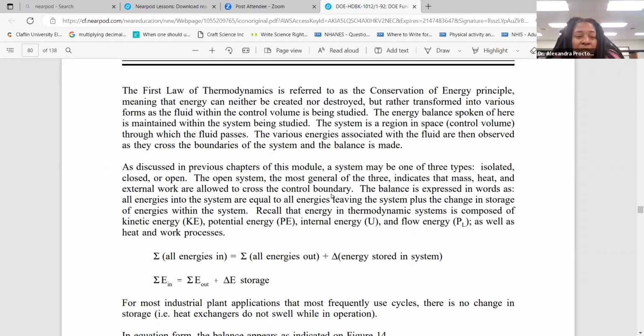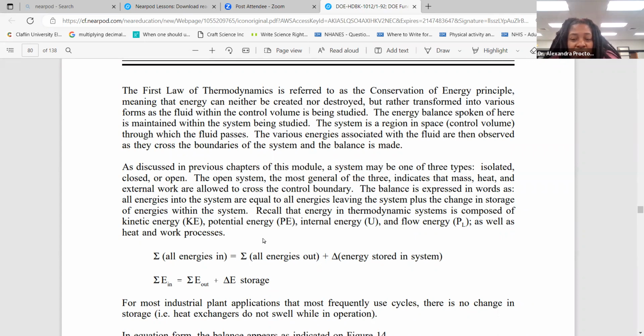and the balance that is made. So in the previous chapters, for volume 1, the system may be one of 3 types. It can be isolated, closed, or open. So the open system indicates mass, heat, and external work are allowed to cross the control boundary.